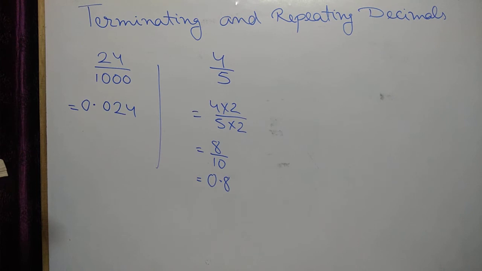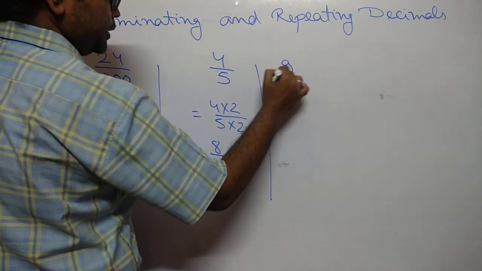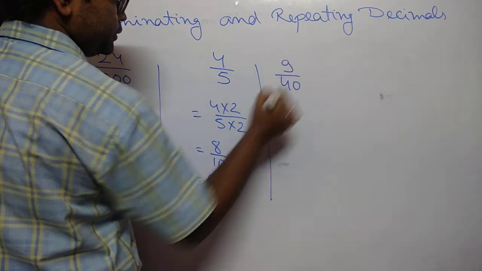One more question I am solving from question number 1 so that you can easily understand. It's 9 upon 40.